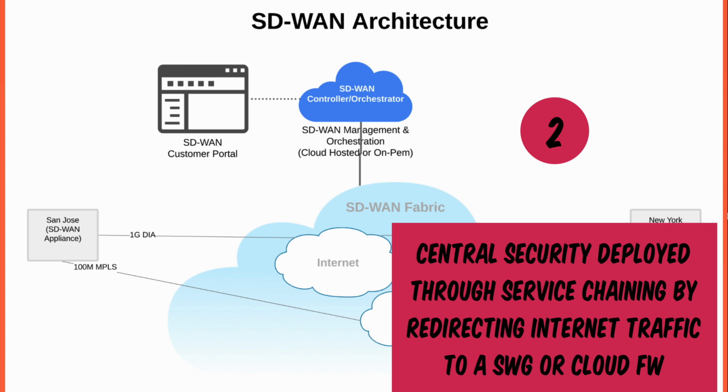And what that means is when we use service chaining in SD-WAN, we can redirect traffic, in this case, internet-bound traffic, to a secure web gateway, or SWG, or a cloud firewall through a third party like Zscaler, and let them manage all the internet traffic at that point. So SD-WAN is very flexible.